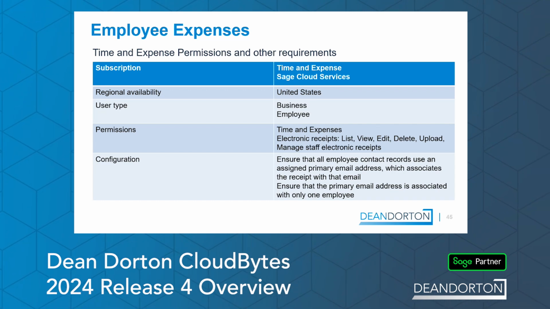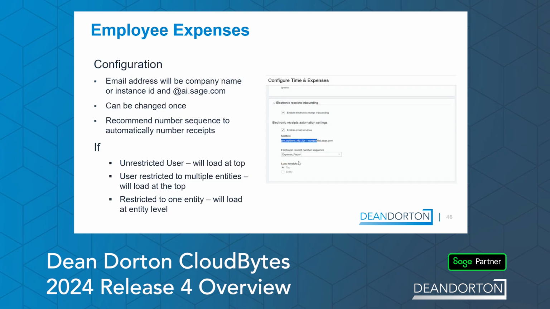There are some permissions and other requirements. So user types, you have to be a business or an employee user. Right now, it's only available in the US. Here you can see the permissions that are needed and the configuration that's needed as well. So again, this is a new feature, new function, but it doesn't turn on automatically. There are some things that you need to do to make it work.